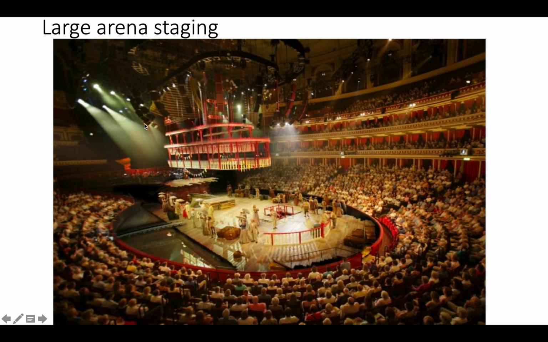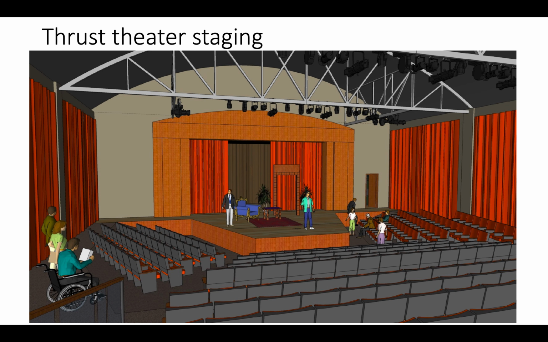Now, this is a thrust theater setup. This picture makes it look like the stage is a permanent fixture. Thrust means that the audience is on three sides, 1, 2, 3, and the performers have one wall that they can put their backs to, that they don't have to worry about facing the audience.